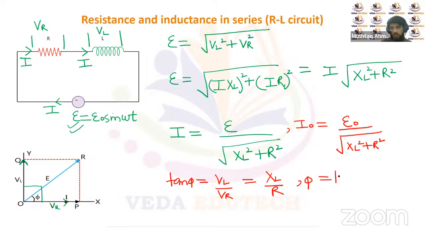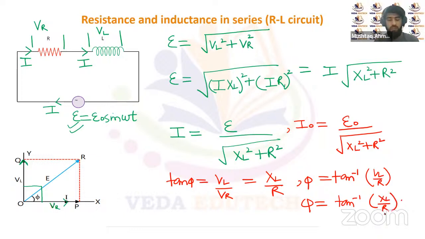That will be equal to tan inverse of VL upon VR, or we can find this phi equal to tan inverse of XL upon R, right? So this will be the value of phi.